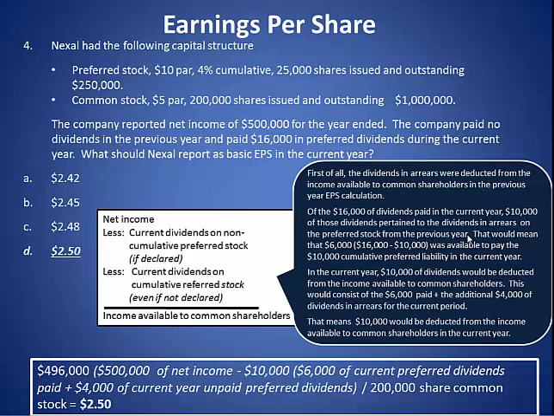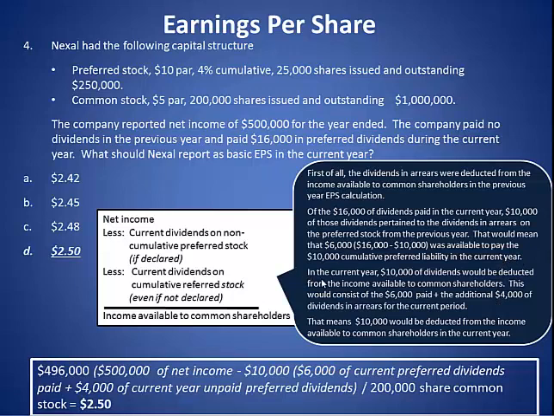And again, that was covered in our previous year's financial reporting. That would mean that $6,000 was available to pay the $10,000 cumulative preferred liability in the current year. That also means we paid $6,000, but we still have $4,000 of dividends in arrears.